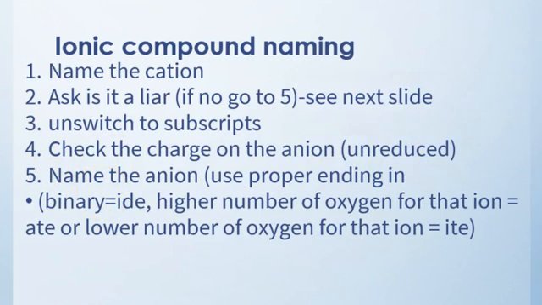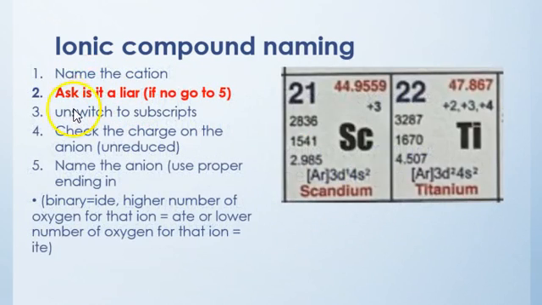How do I answer question number 2? Is it a liar, which is really my slang way to get you to understand, does it have more than one common oxidation state? I think it's shorter if I say liar, because we learned an analogy where the metal was the boy and the nonmetal was a girl.